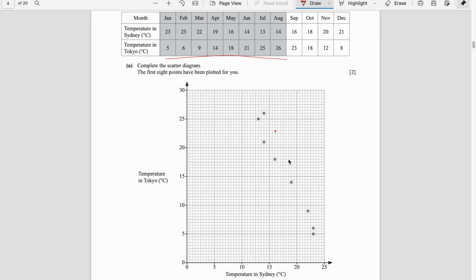This is 18. And then 20 and 12. 20, 10, 11, 12. 21 and 8. 21, 5, 6, 7, 8. So these are our points. Complete the scatter diagram. First 8 are done.